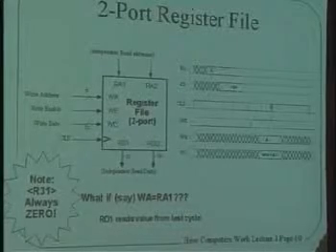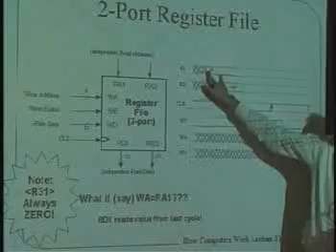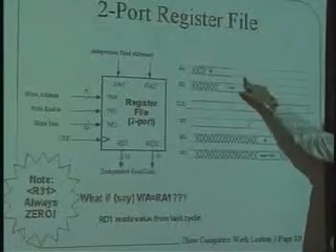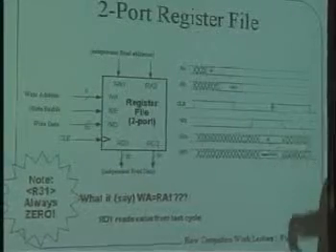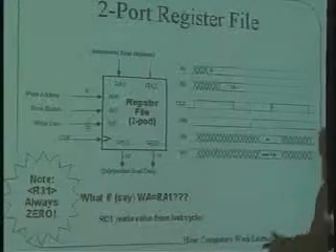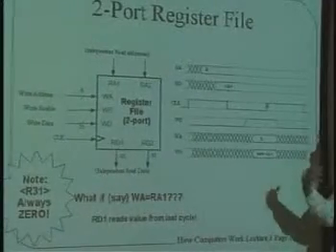Now, it doesn't actually matter when this takes place. If this happens here, then this time afterwards it took place. If it happened here, then this time later it would take place. It's what we call a combinatoric device, which means that the output is only dependent upon the combination of bits of the input. As soon as the address is presented, a short time later the data gets settled down.